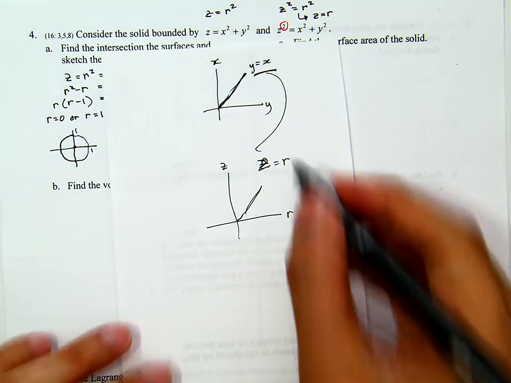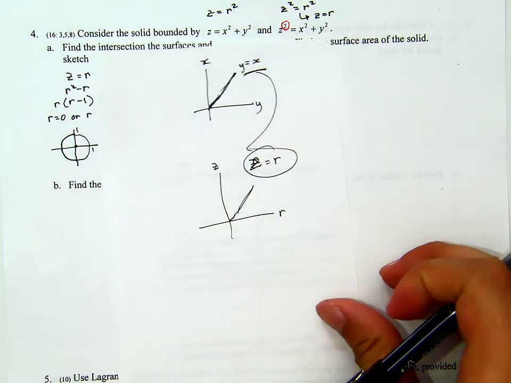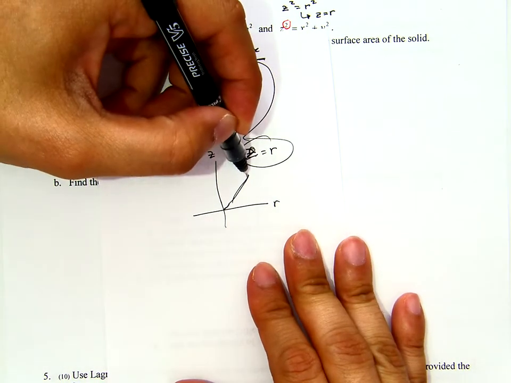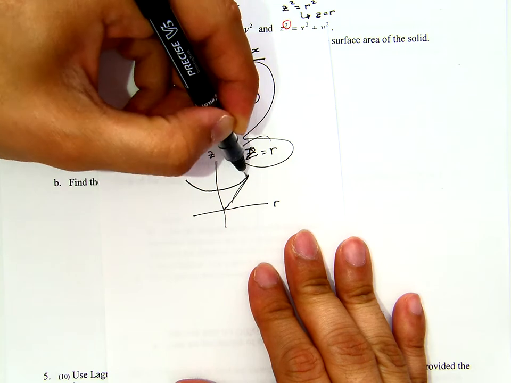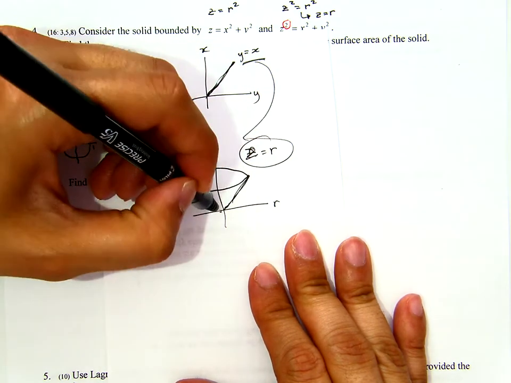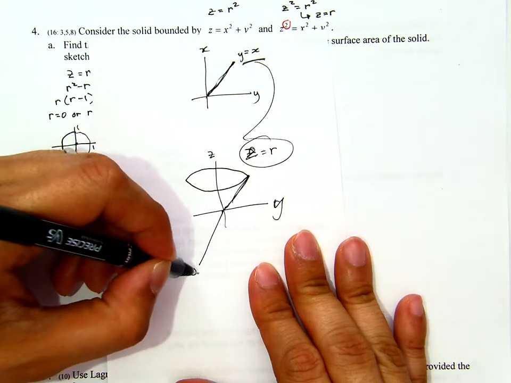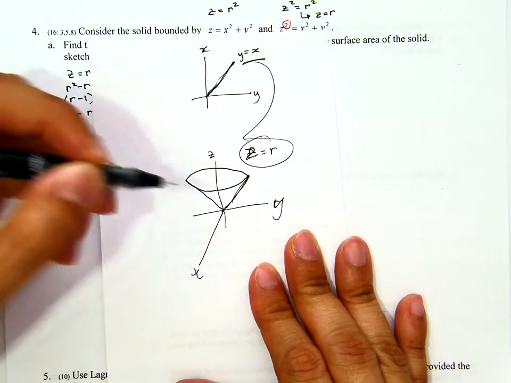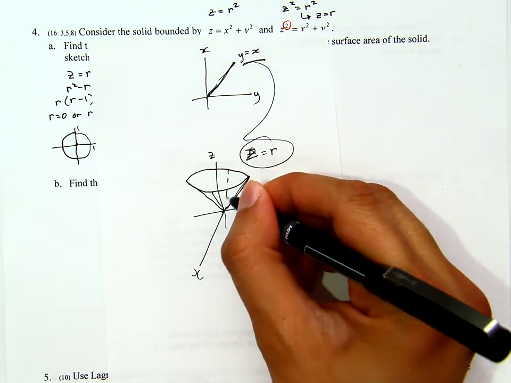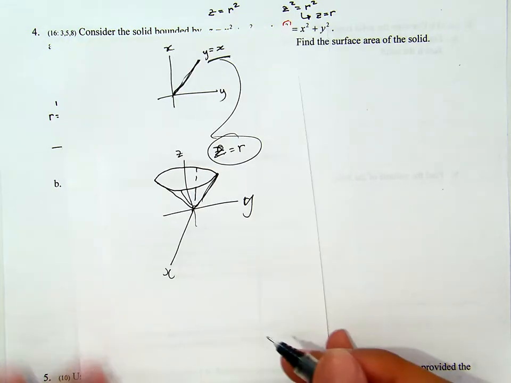But this has some kind of 3-dimensional nuance in there. This means I will revolve this around the z-axis, and that r now translates into x and y. So it is actually now a cone. That's the idea. Now let's try another one.